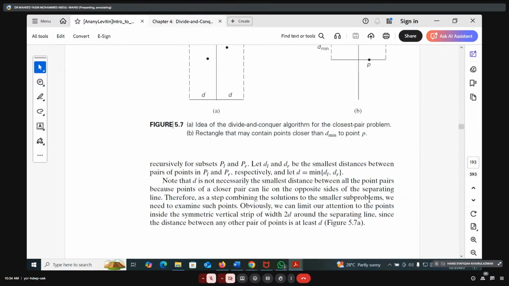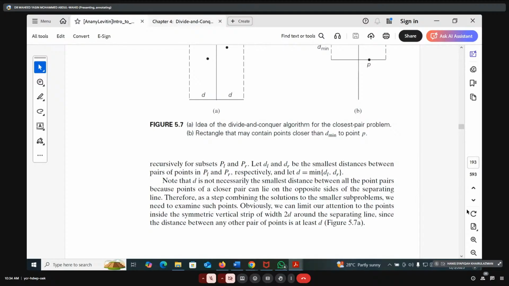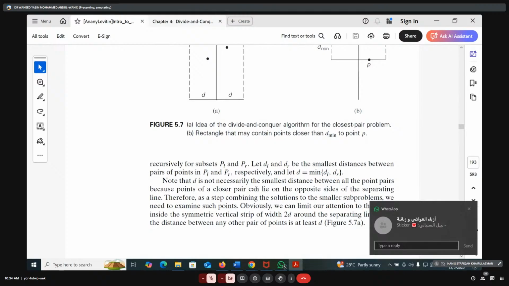So recursively for subsets P left and P right, let D left and D right be the smallest distance between pairs of points in P left and P right respectively, and let D minimum equal the minimum of D left and D right.